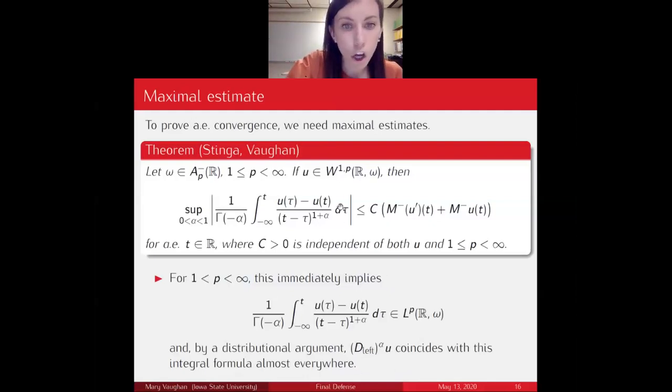So now we know that this here is the left fractional derivative, and we're taking the supremum over all orders of the fractional derivative. So this is a maximal function here, and this is a maximal estimate that we use to prove the almost everywhere convergence as alpha goes to 1 and 0.